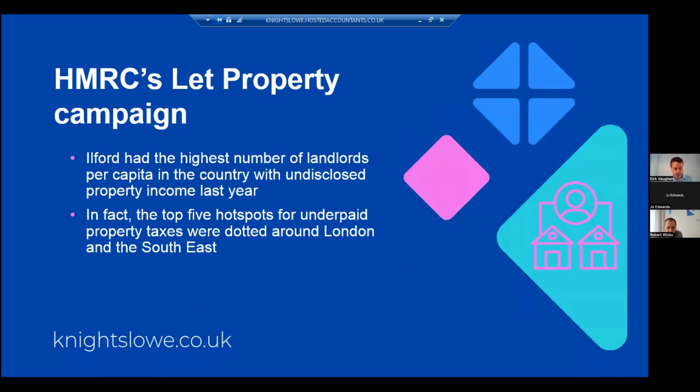Sure, indeed. So HMRC have identified that there's a significant amount of property income that's not being declared every year. And in fact, there's a couple of stats here about some of the areas of the country where this is happening. And actually London and the South East is quite prevalent for this, evidently. So to assist people to come forward, they've developed the Let Property campaign.